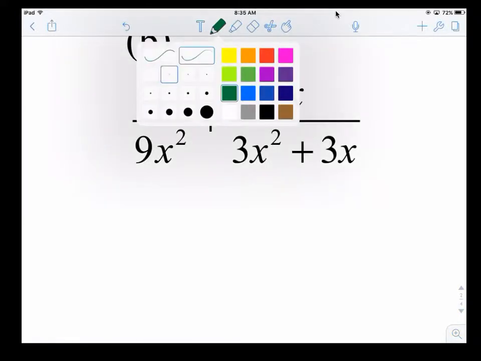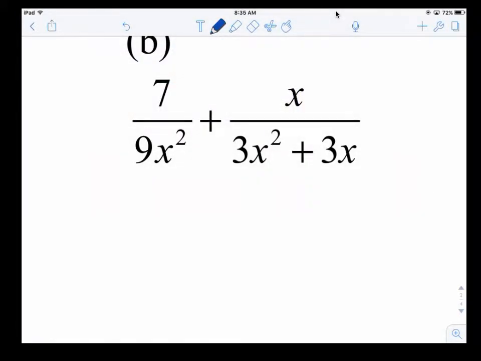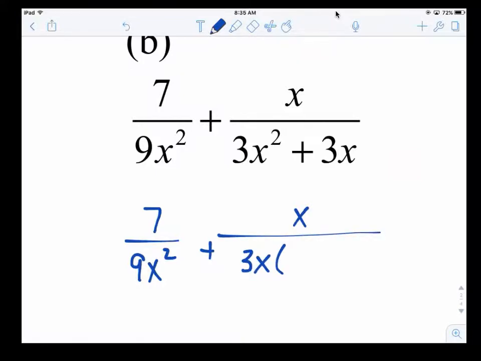All right, for letter B, I have 7 over 9x squared, right? Plus x over, I can take out a 3x, I'm left with x plus 1.